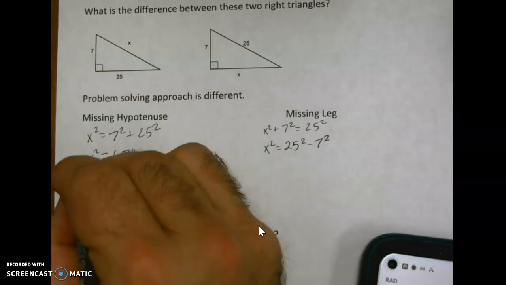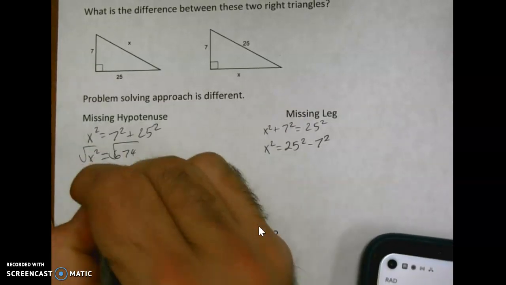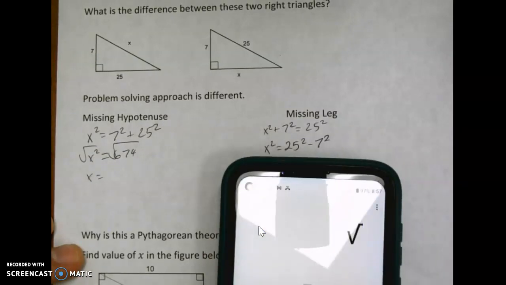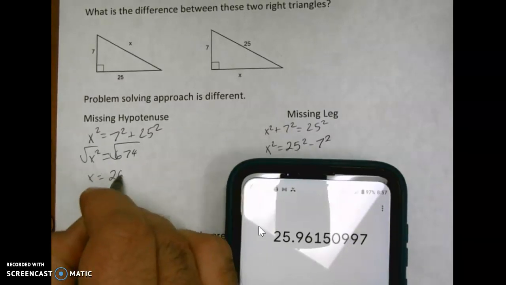Now I take the square root on both sides, and I end up having to take the square root of 674, which is 25.96. So if I'm going to round that to the nearest tenth, I'm looking at this 25.96. That actually rounds up to 26.0.